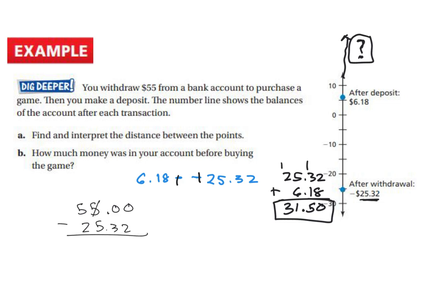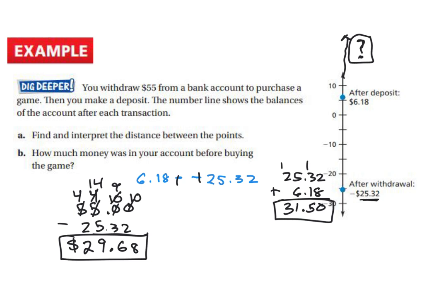So we'll have to do a whole bunch of borrowing. $10 minus 2 is 8. 9 minus 3 is 6. If we have 4, we can't take away 5, so we have to borrow again. 14 minus 5 is 9, and 4 minus 2 is 2. So $29.68 is how much money we started with prior to the $55 withdrawal.